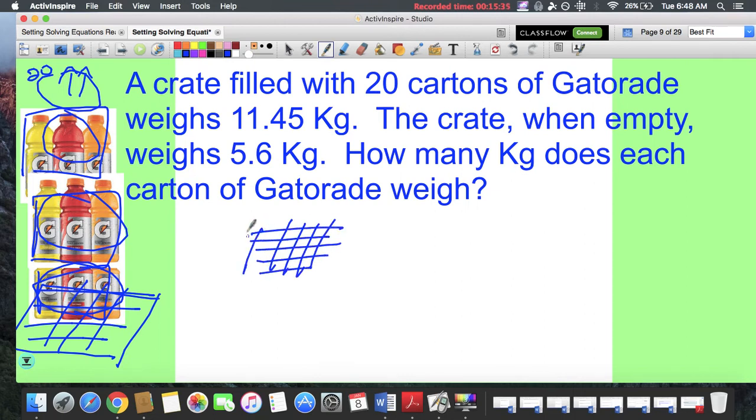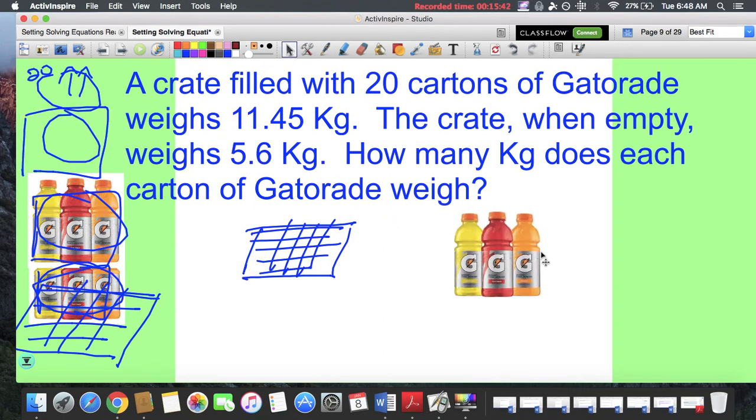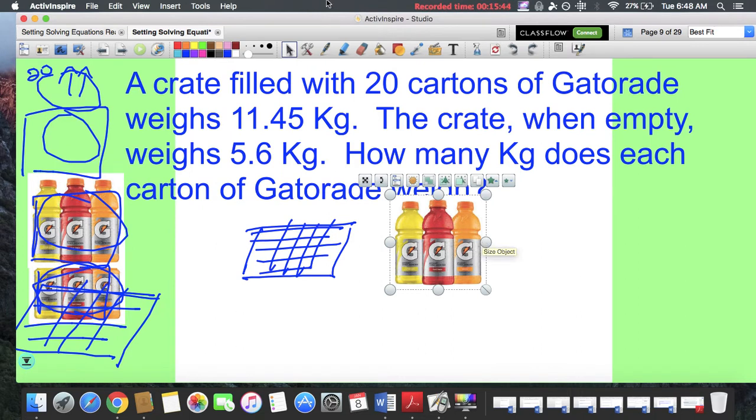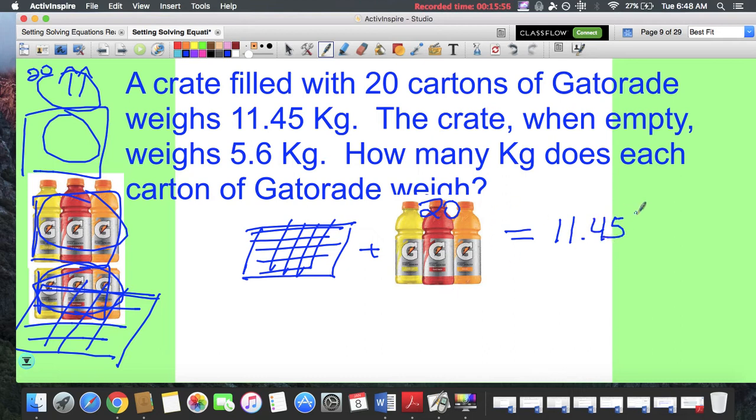This is called a crate, right? And then these Gatorades plus 20 of these, and there's 20 of these because I'm going to put 20 of these. So the crate, the box at the bottom, plus 20 Gatorades equals 11.45 kilograms.